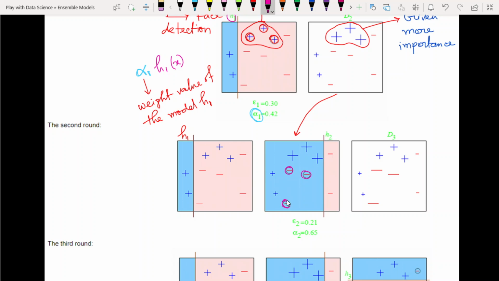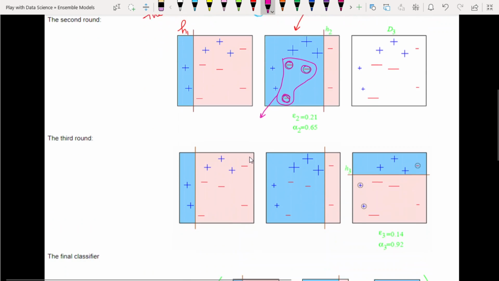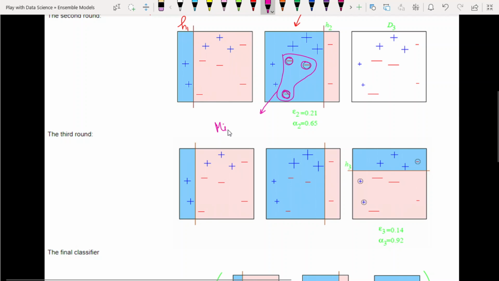These 3 are the misclassified points here.